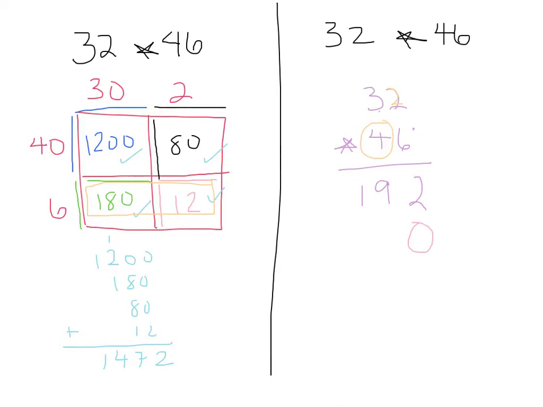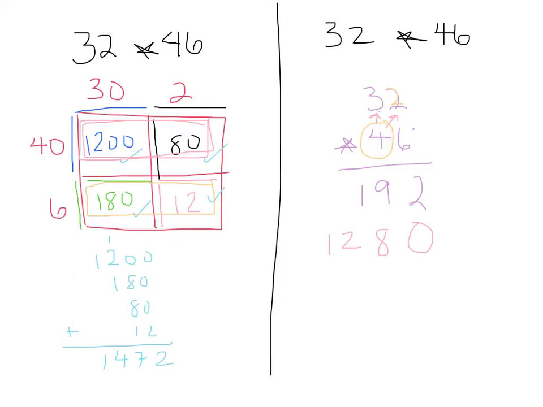So I put this here because I'm not in the ones place anymore, I'm in the tens place. And then I just repeat the process. 4 times 2 is 8. 4 times 3 is 12, 1,280. I just want you to see in the area model, it is the area of those two top rectangles there.